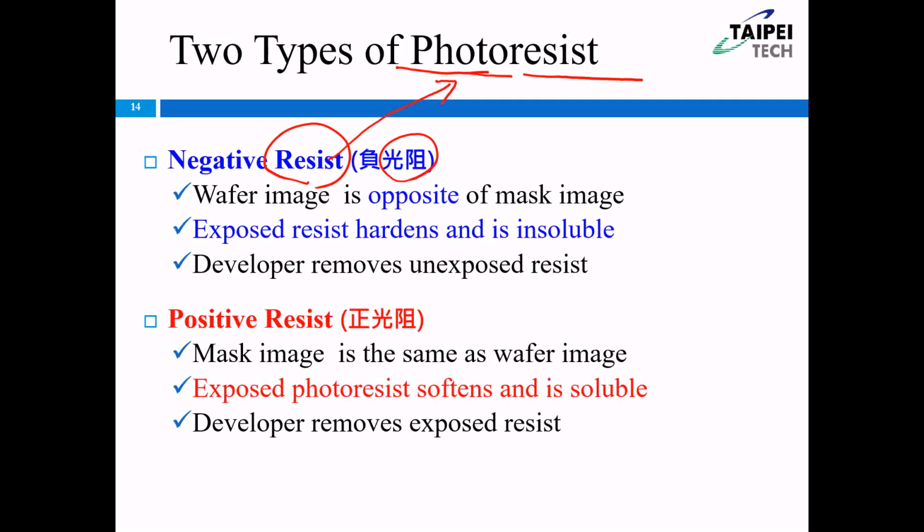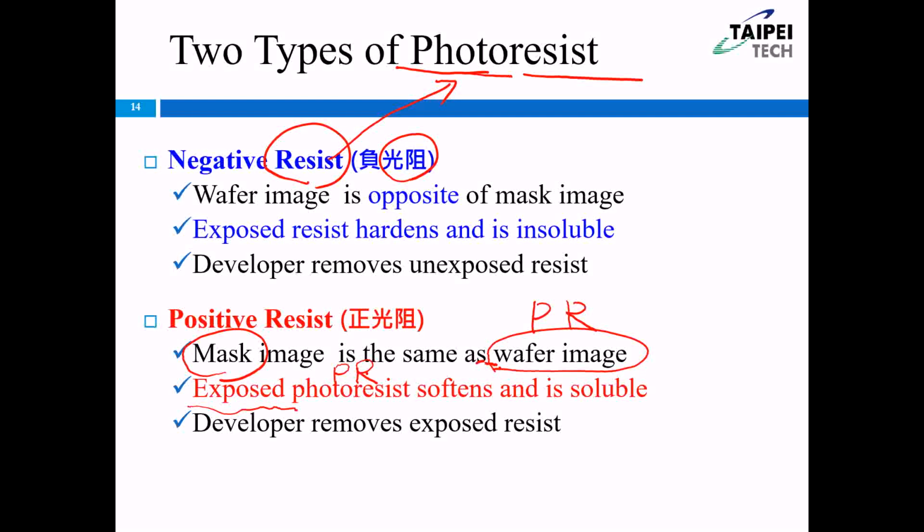It means the mask pattern is the same as the wafer image. The mask image is the same as the PR image. This image just means the pattern. The mask pattern is the same as the PR pattern. It's the positive photoresist.